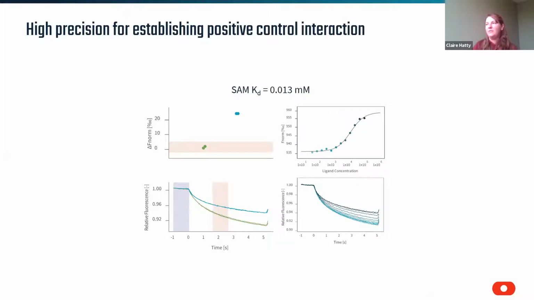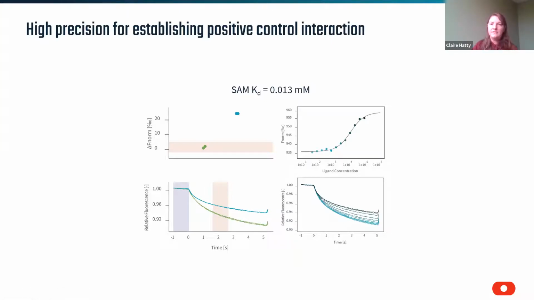So the first step is to establish your positive control interaction. Here we have the G9A with a positive control ligand, a known binder, which is SAM. We first have the single dose test. Here we have the target just with reference, which is usually DMSO.